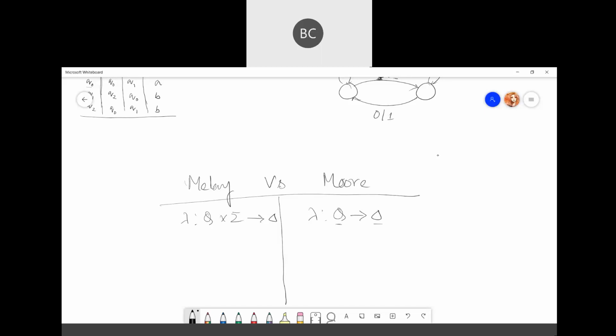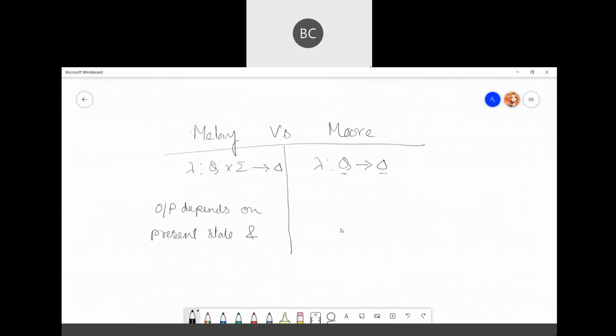That means what? Here, your output depends on your present state and your present input. Correct? Output is depending on both present state and present input.